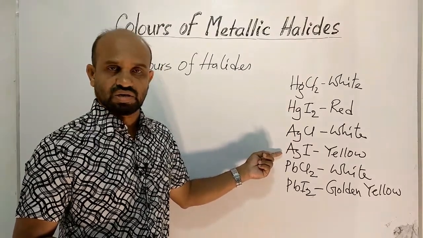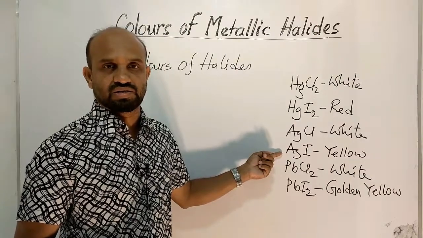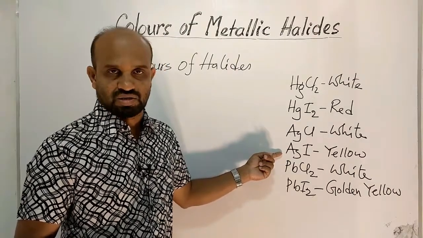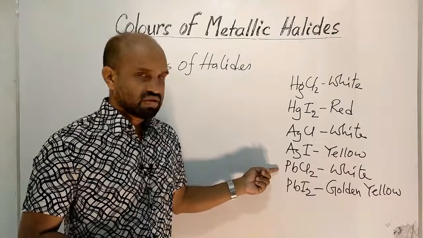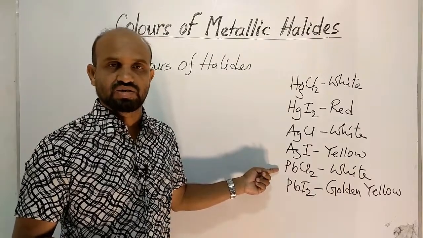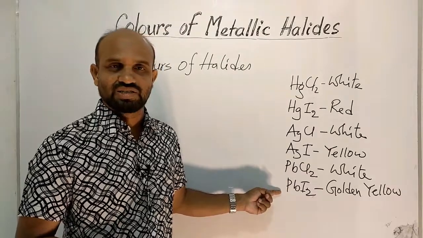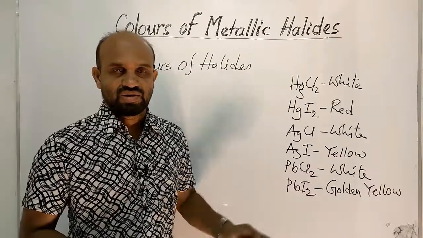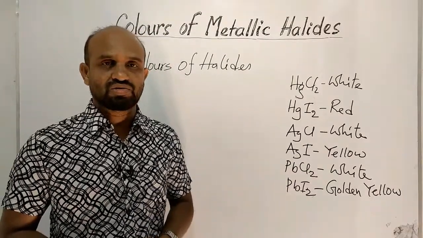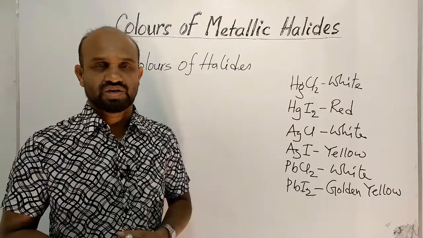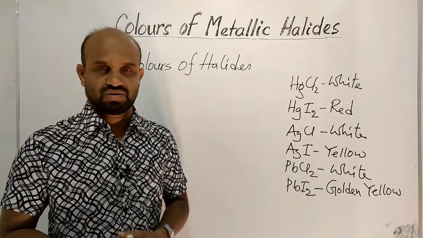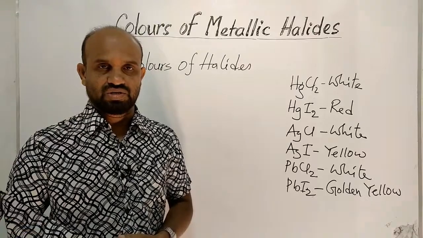On the other hand, silver iodide is yellow in color. Again, lead chloride is white in color, but lead iodide is golden yellow. Now we'll try to learn the reason behind these different colors.